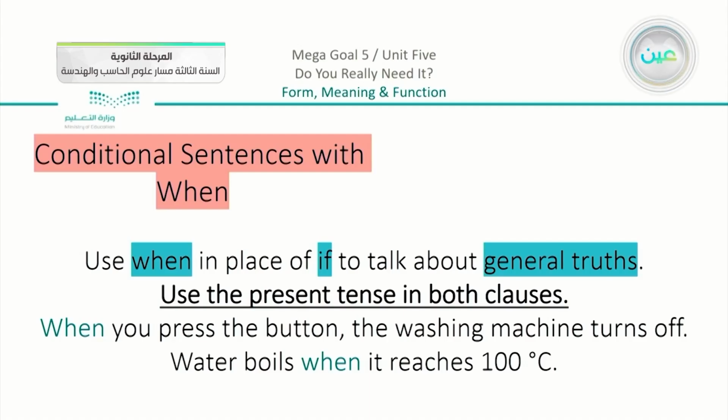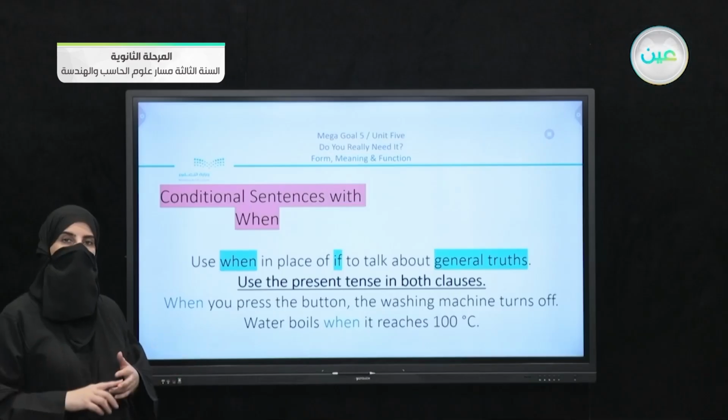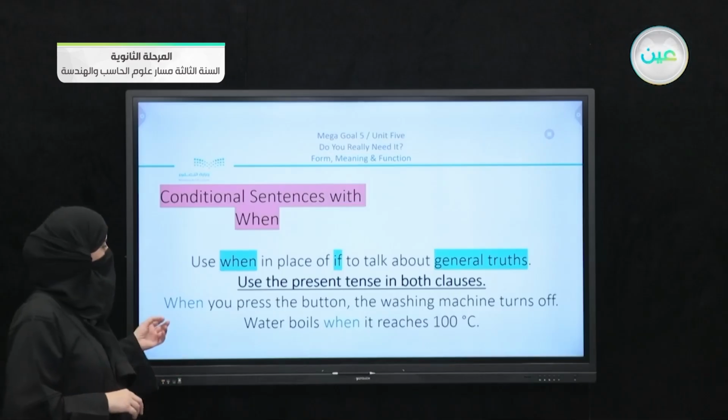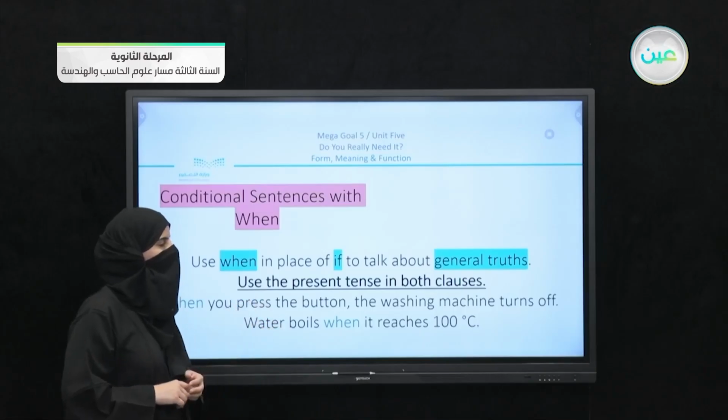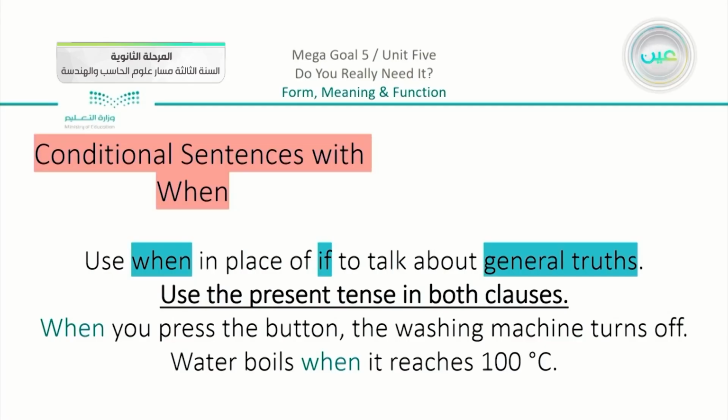Put in mind that we are still talking about general truths. We are going to use the present tense. There's nothing that has changed. And we have the second example, water boils when it reaches 100 degrees centigrade, instead of saying water boils if it reaches 100 degrees. Now you can see that it is the same meaning, nothing changes. So it's just a matter of replacing.